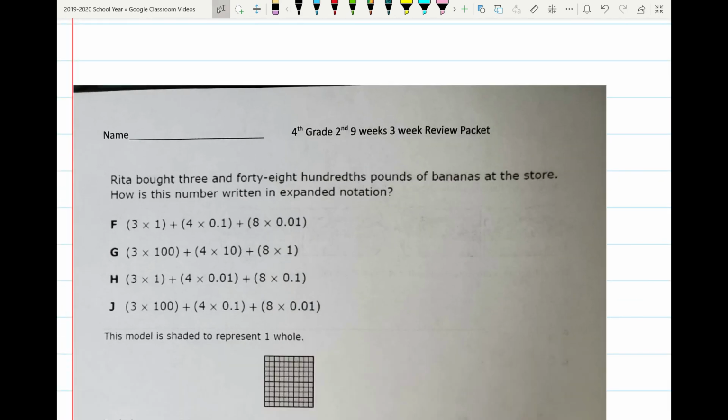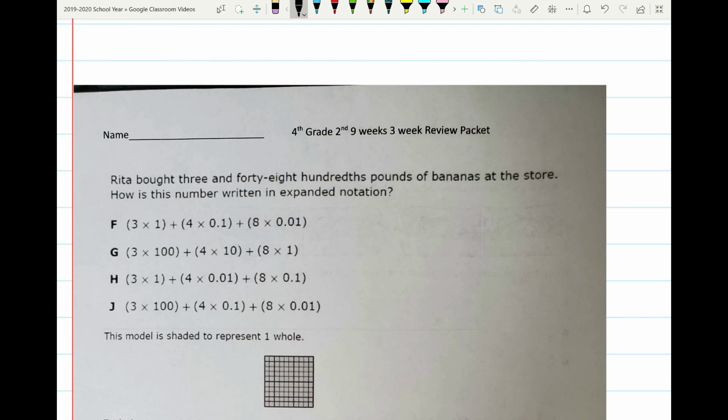This one is just the expanded notation. Rita brought 3 and 48/100 pounds of bananas at the store. How is this number written in expanded notation?